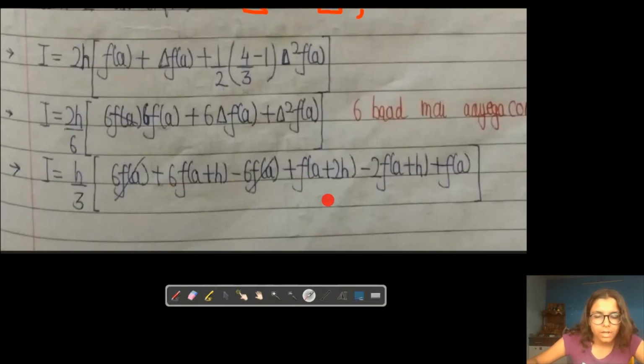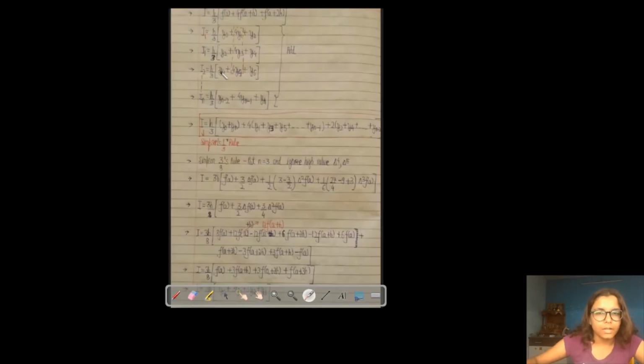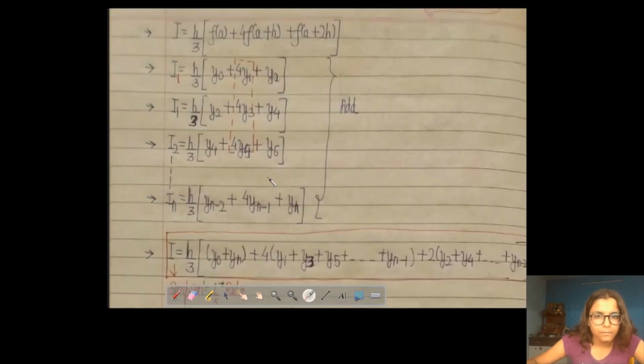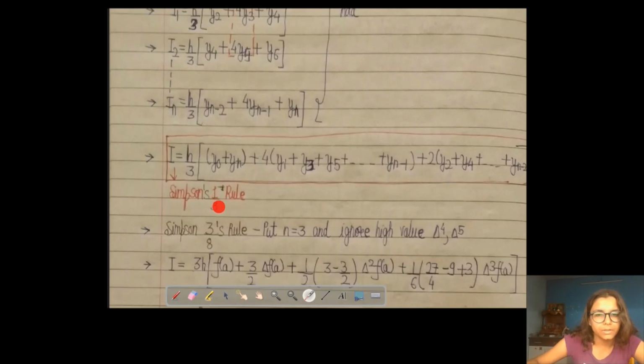After keeping all such values and simplifying, we would get different terms, like here, I is equal to h by 3 (fa plus 4 fa plus h plus fa plus 2h). With this, we would transpose all the values of the f function with y. And after doing this, we will add all the terms that we have got and create another general formula, that is Simpson's 1 by 3 rule. As you can see here, another general formula that we have created.